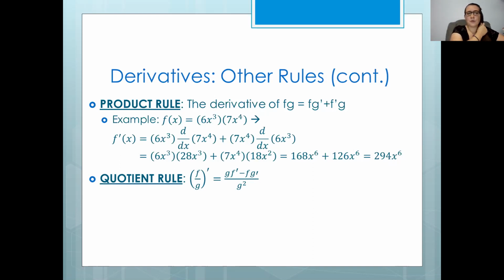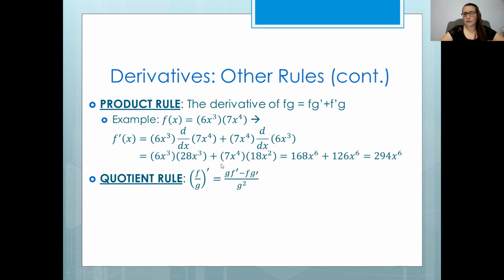Another rule is the quotient rule. If our function is a fraction, then we have to apply a different rule. If we want to take the derivative of this function that's f over g, here's how it's written.